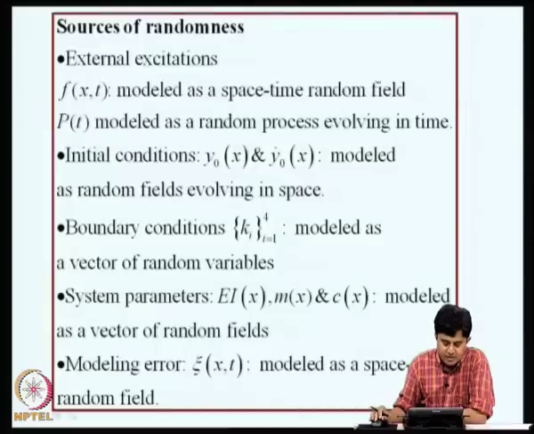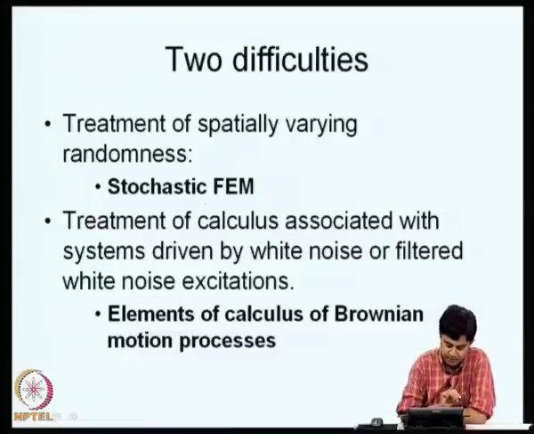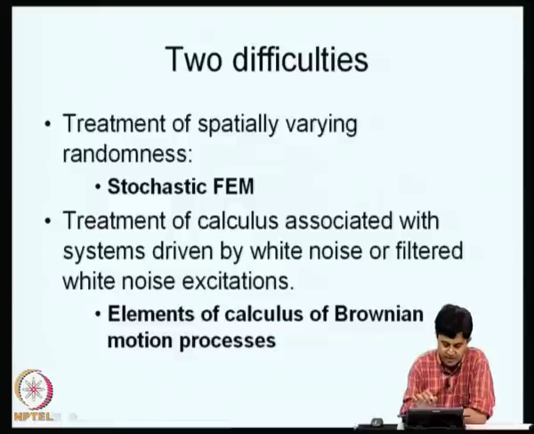This type of problem we have not yet discussed, and one needs to generalize the finite element method for handling inhomogeneous beams to take into account the additional complexities of spatial random variations in system parameters. That takes us to the topic of stochastic finite element method.